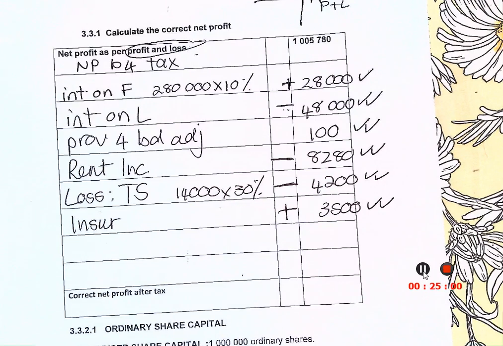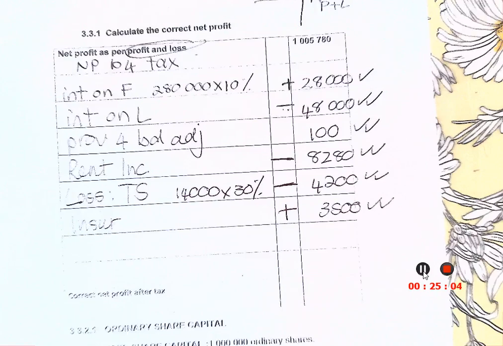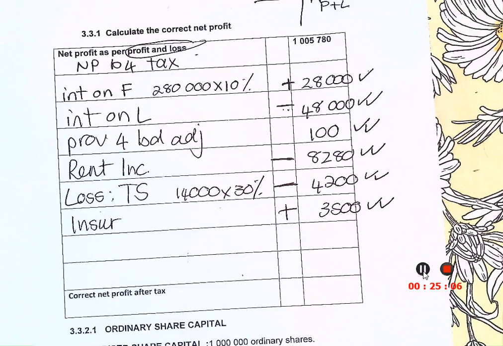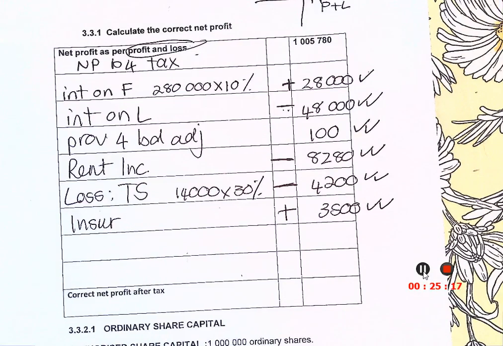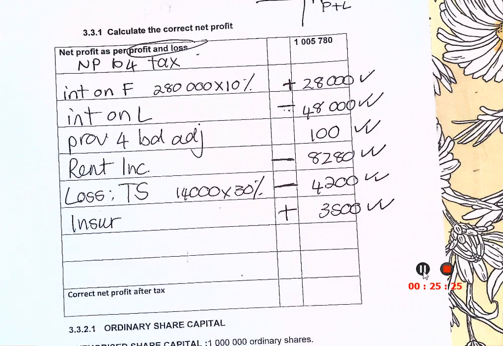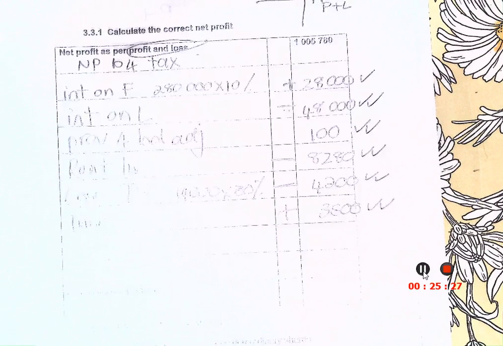Insurance was a minus, so I need to do the opposite, which is I need to plus. Overstated is opposite. You can't say overstated is minus. Overstated means whatever I did too much. In this case, I did too much minus, so that's why I add back. You guys have to go listen to this again.